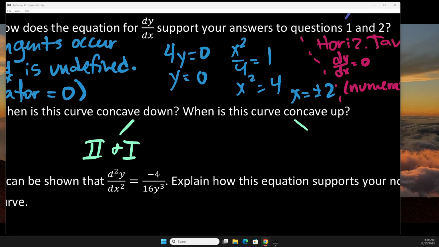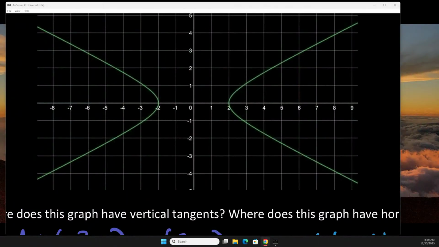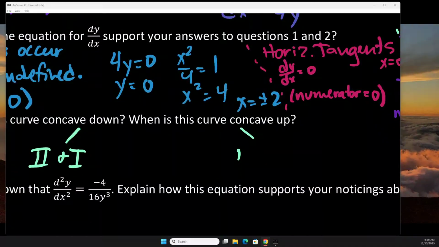And then up is going to be 1 and, wait, hold on. This is going to be 3 and 4. I just wrote it wrong on paper. Alright, and then they found the second derivative for us, which was kind of nice.